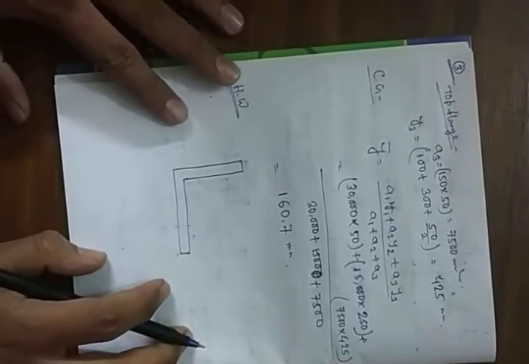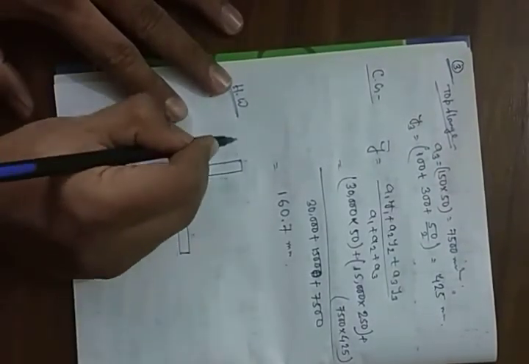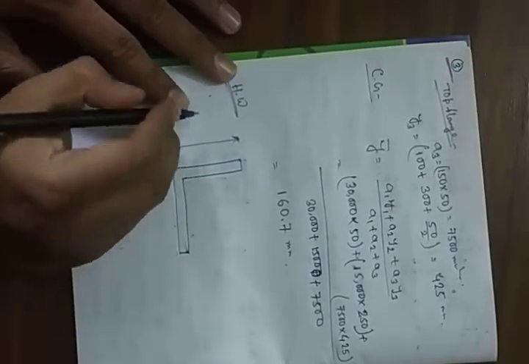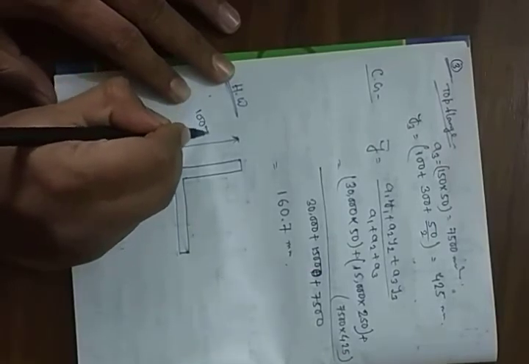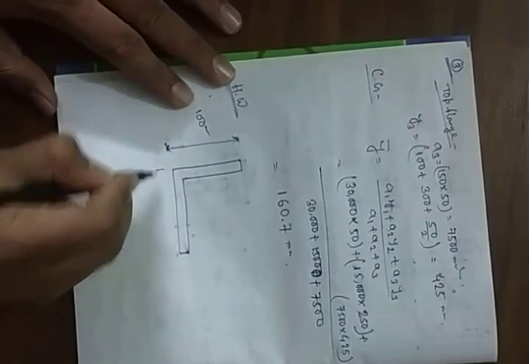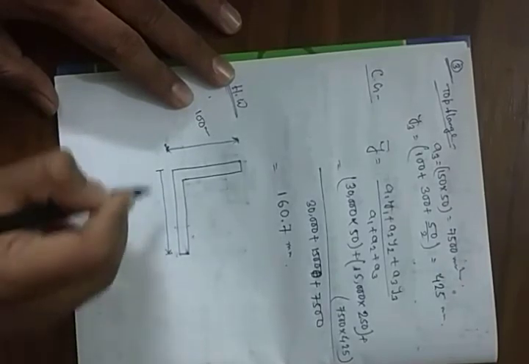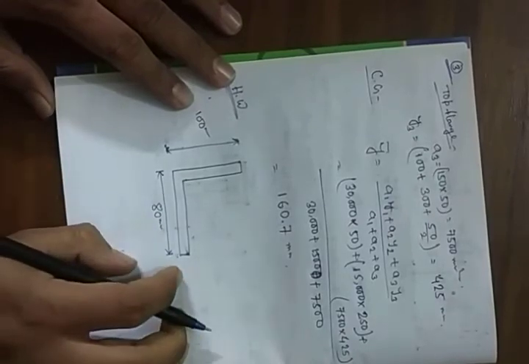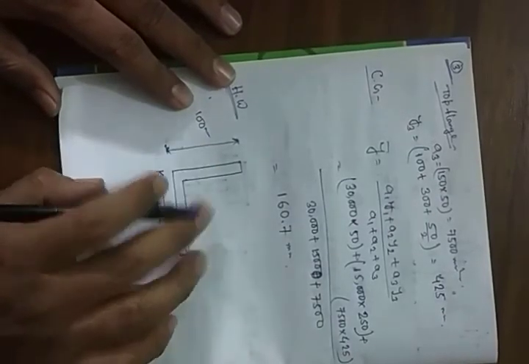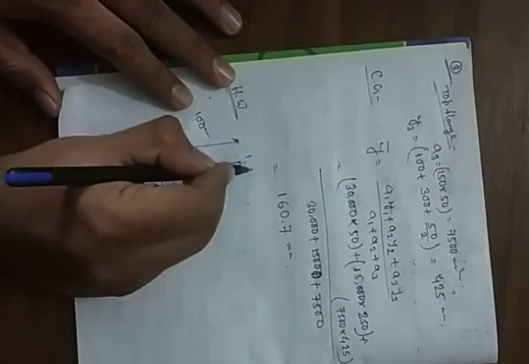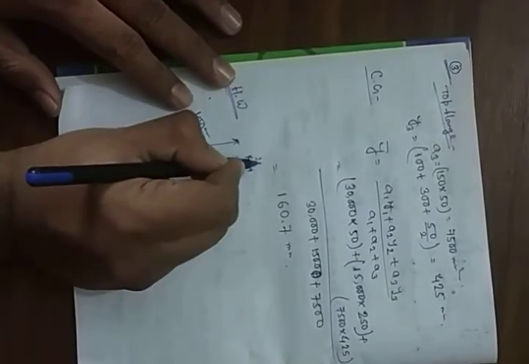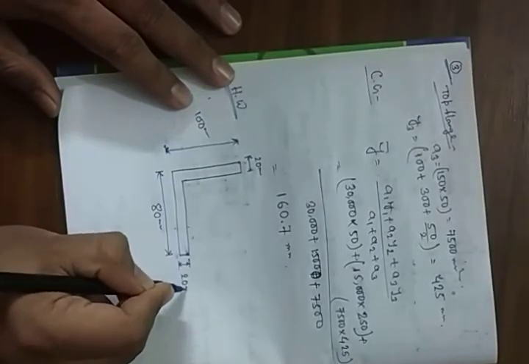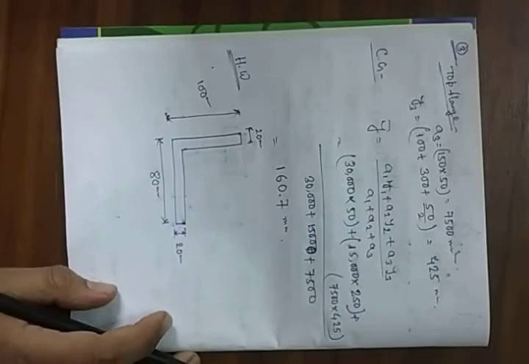The angle section has a longer side of 150 millimeter length and a shorter length, take it as 80 millimeter, and take the thickness of both the shorter span and the longer span as 20 millimeters. Find out its CG.